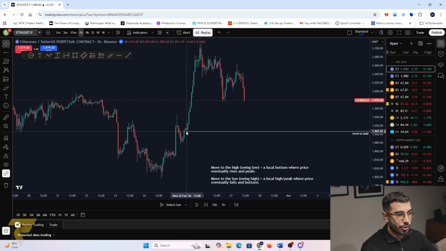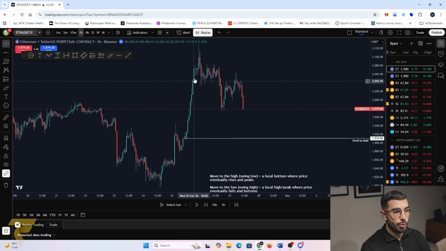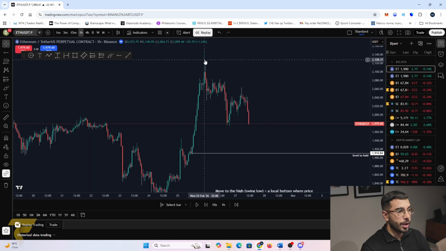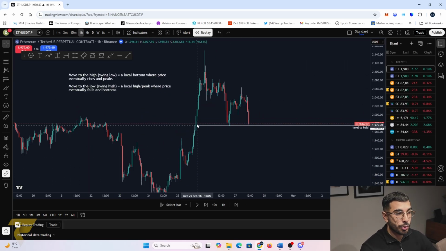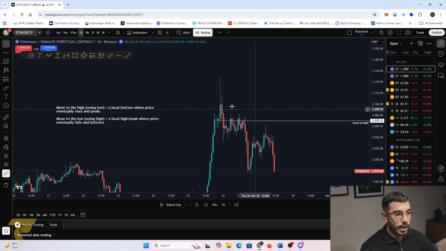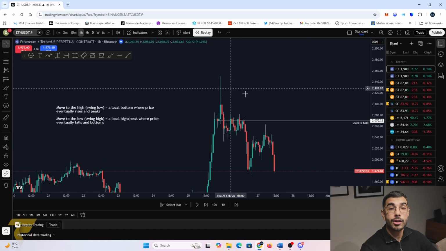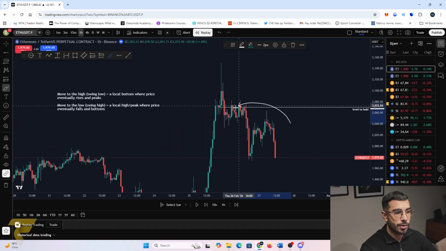So whenever price is creating new levels, as you can see, a new move to the high, you're going up, more up, more up. But then, at a certain point, this level, and let's just focus on the price action in chronological order. So don't focus yet on this, focus on this part.